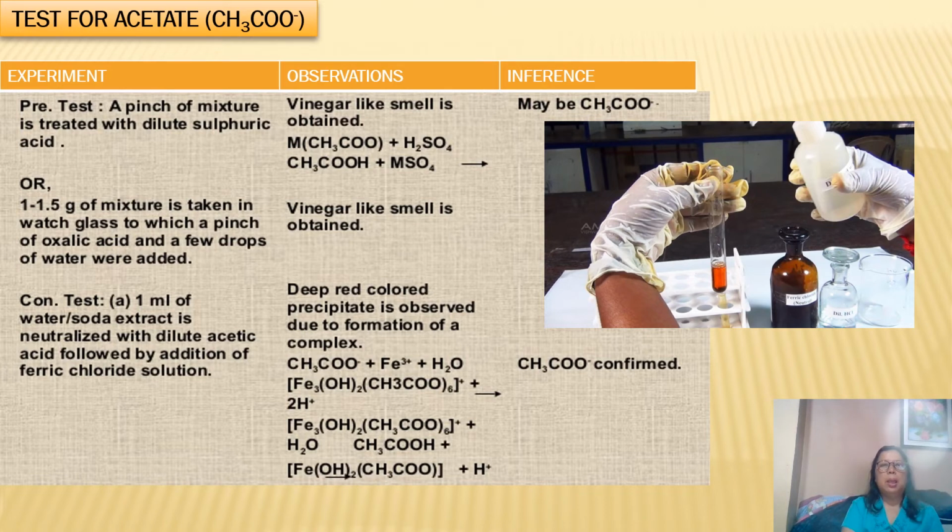If the experiment will exude a vinegar-like smell, then maybe acetate is present. But how to confirm this? The addition of dilute acetic acid followed by addition of ferric chloride will form a deep red precipitate. Then it confirms that acetate is present.